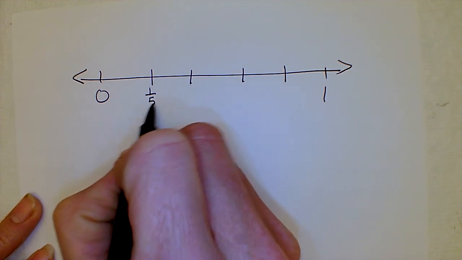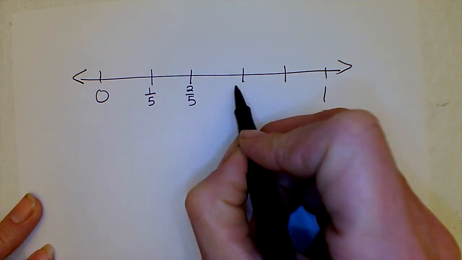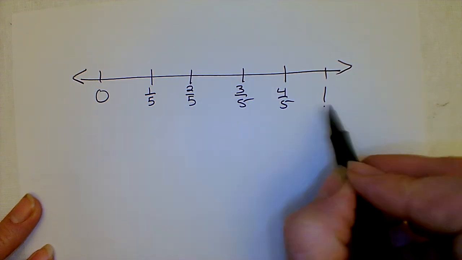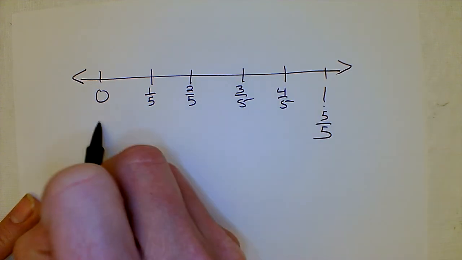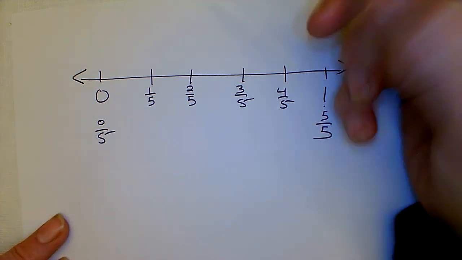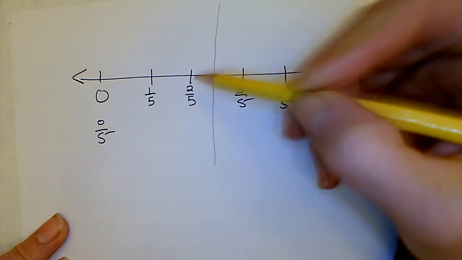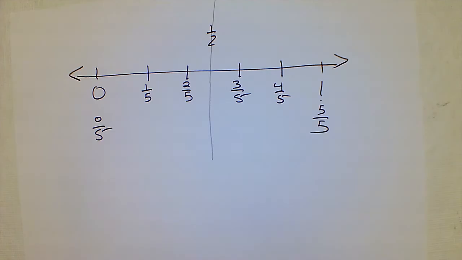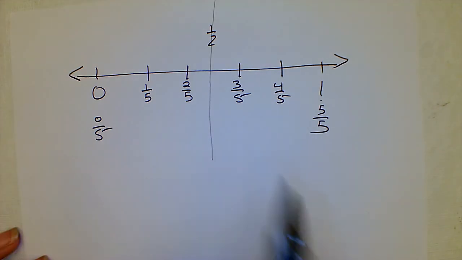So I'd have 1/5, 2/5, 3/5, 4/5, and this would be 5/5, and this would be 0/5. And what I want to remind you of is that if I were to divide this in half, that's where my half is. So this is my 1/2 benchmark, but I'm keeping it up there for this.